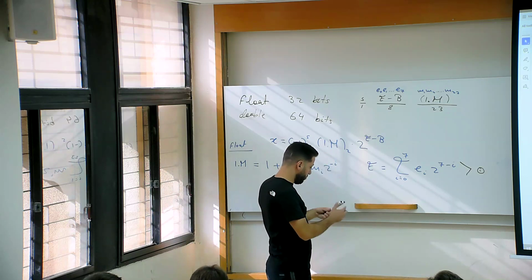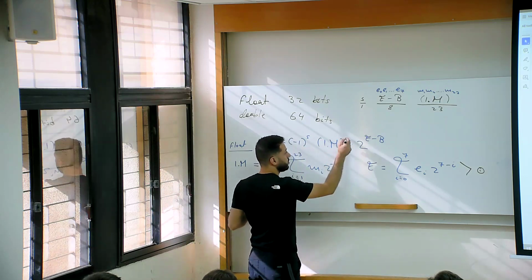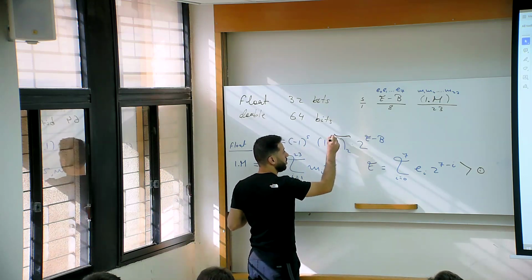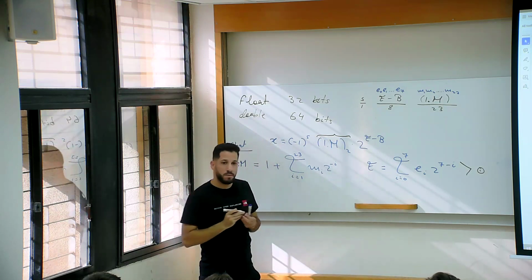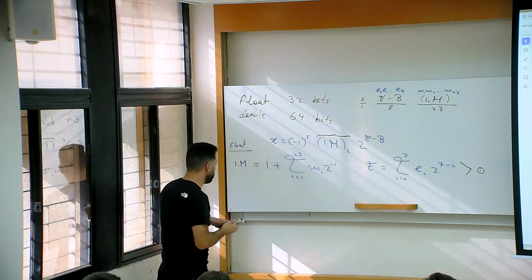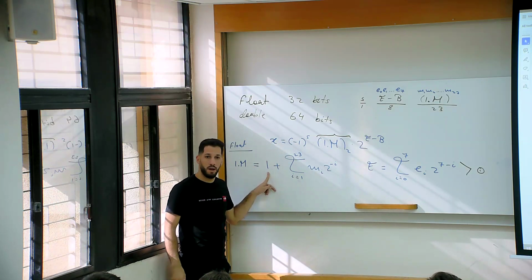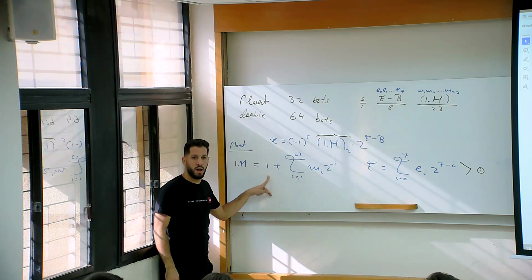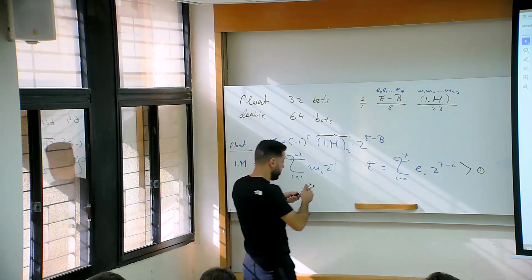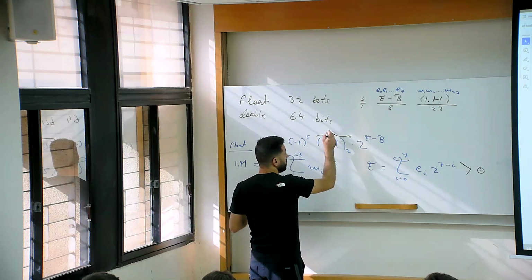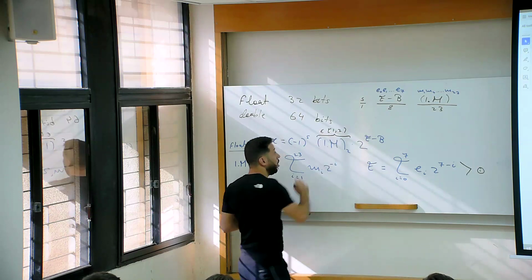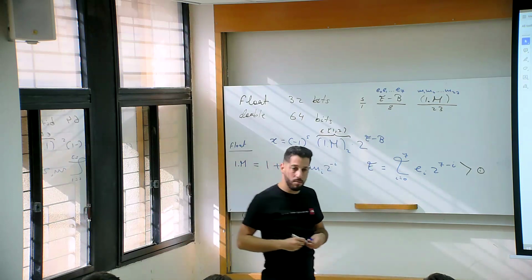Pay attention that this number is always bigger than 1 and smaller than 2. So the 1.M is always between 1 and 2.